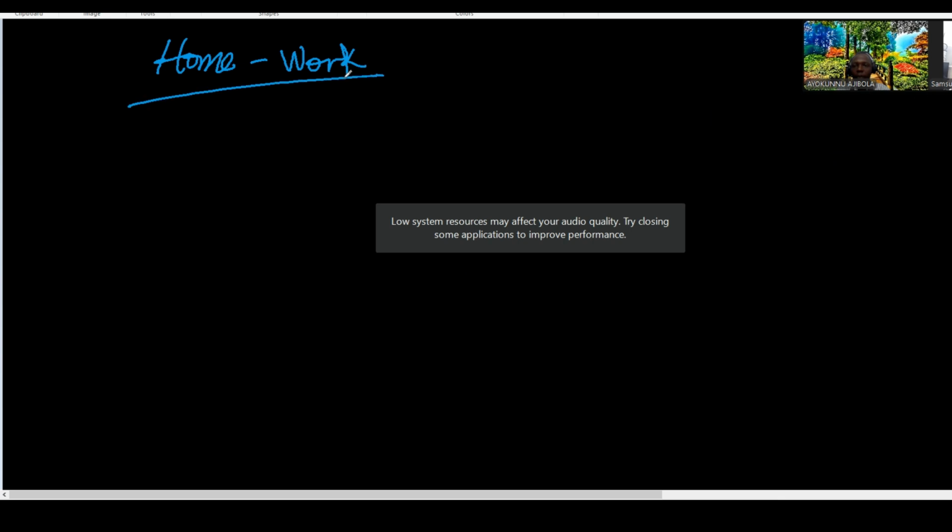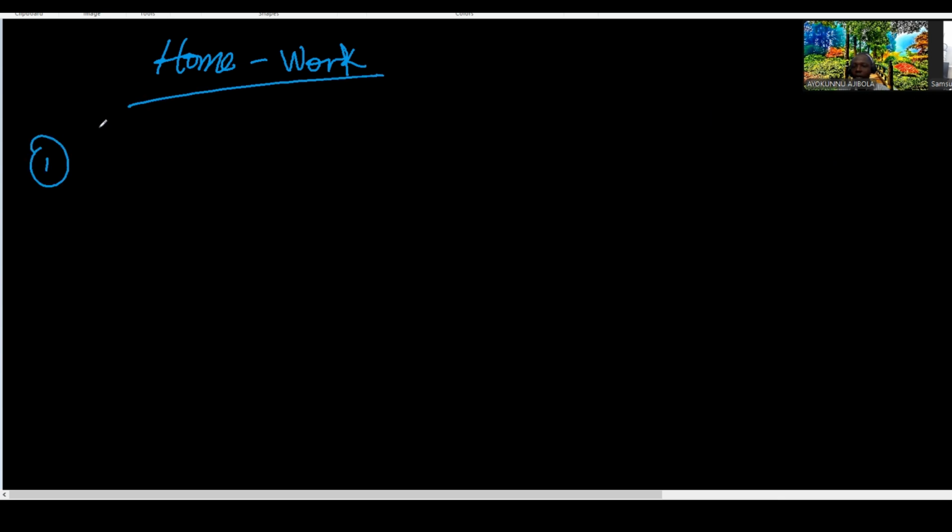For number one, you are free to use any method you want, but you must ensure that your answer is in the lowest term. By that, you will be able to know whether you've gotten it or not.